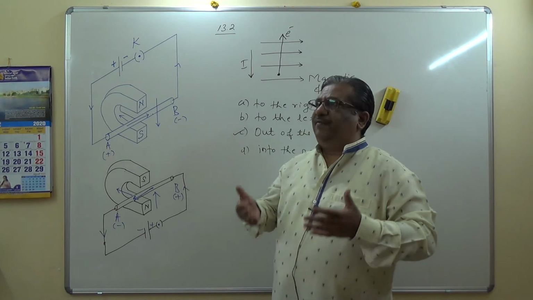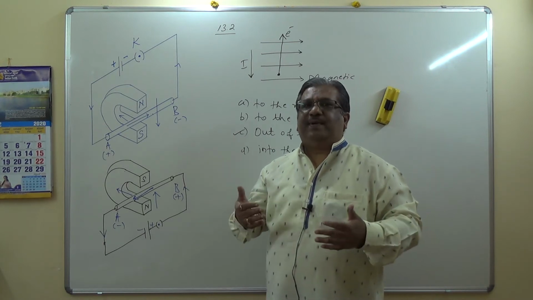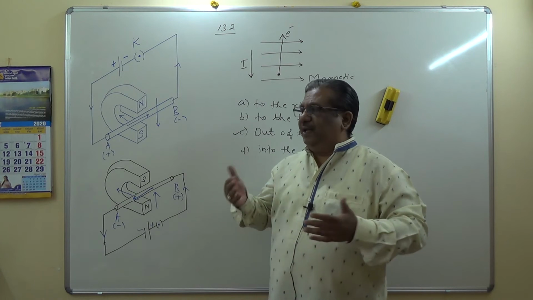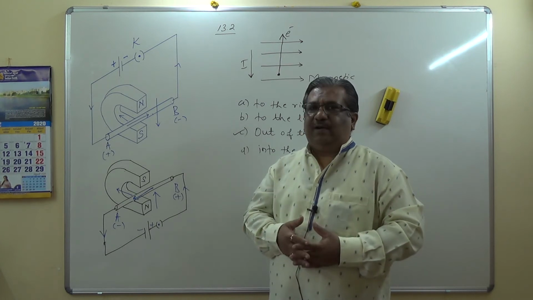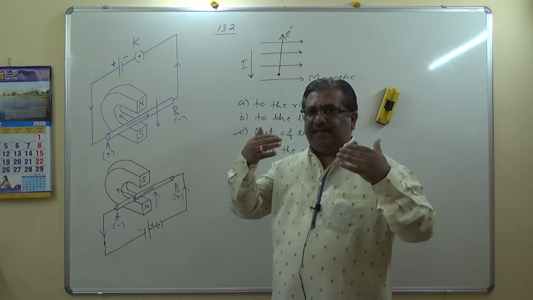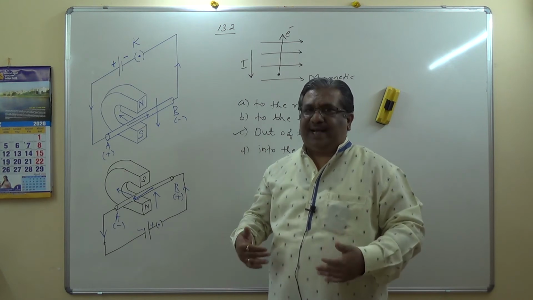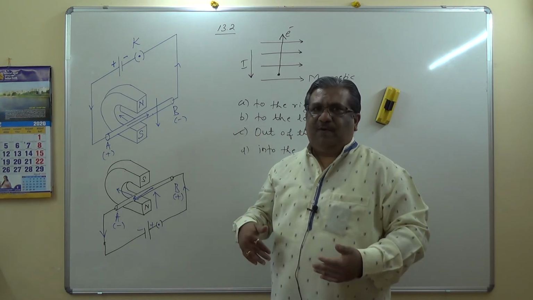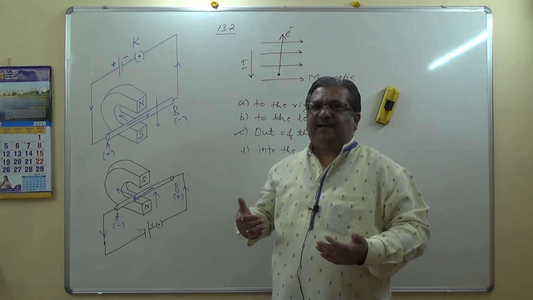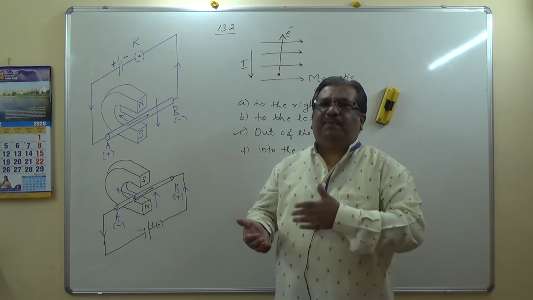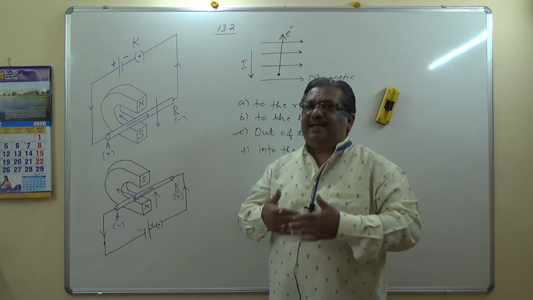What do you think? If our body does not exhibit magnetism, then is it possible to use MRI scanning? Not possible. Because the entire body behaves like a magnet, because there is an electrical flow. Why is there an electrical flow? Because nerve impulses are transferred in the form of electrical impulses.